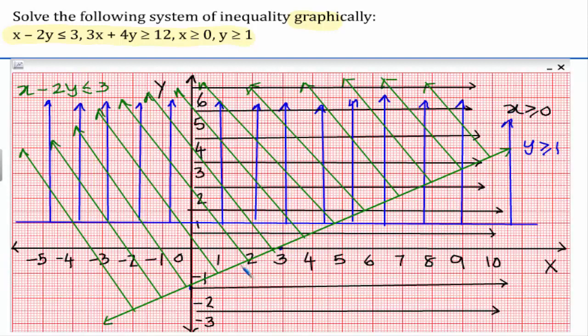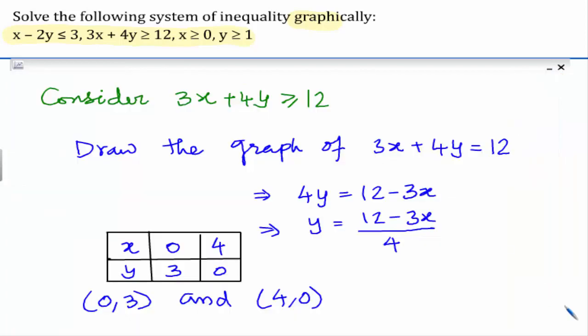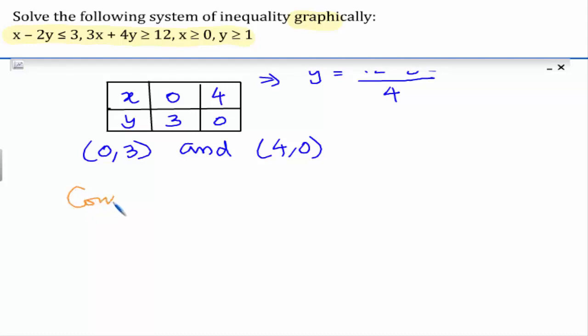Let us plot the points now. 0, 3 will be here, on the y-axis at 3, and next is 4, 0 will be here. Now let us join the points. Now this line divides the plane into 2 parts. Let us consider the origin, because the line is not passing through the origin, and substitute into the inequality 3x plus 4y greater than or equal to 12.